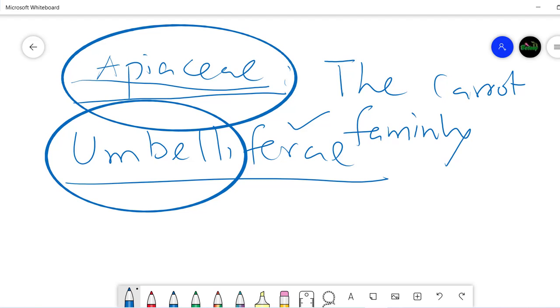So we will mostly be confronted with various morphological and taxonomic terms. I shall try my level best to present this description in as simple a form as possible, and make it as understandable as possible.